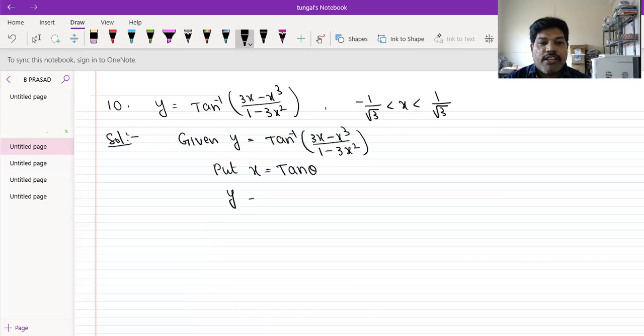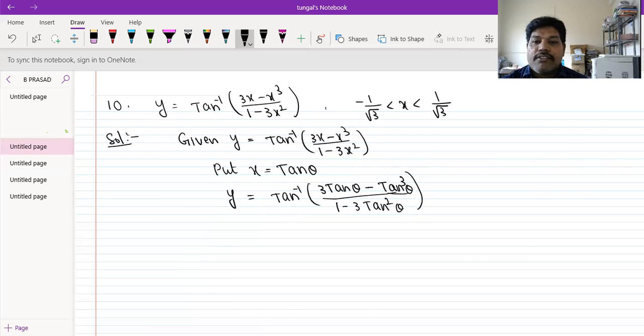First we have y is equal to tan inverse of (3 tan theta minus tan cube theta) by (1 minus 3 tan square theta). So what is the tan 3 theta formula, students?